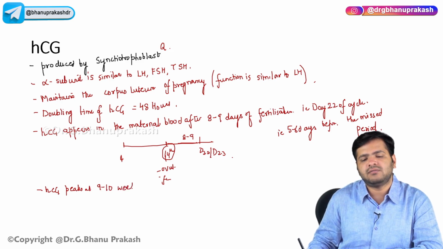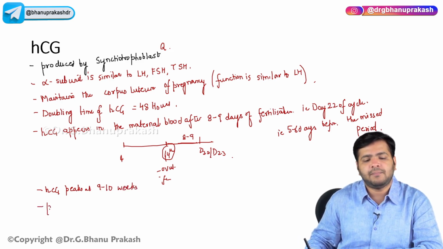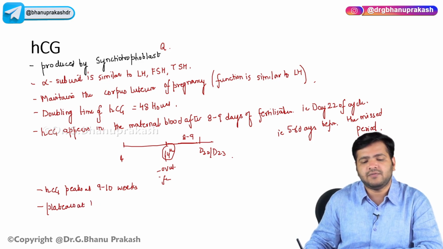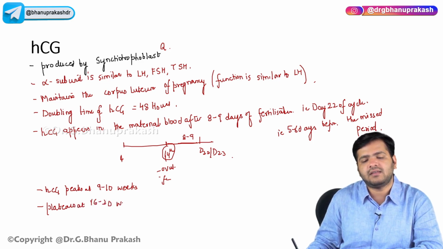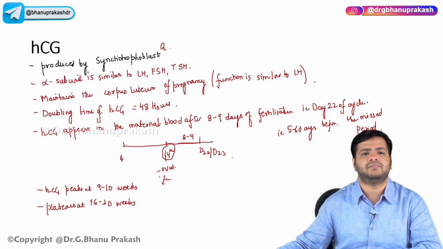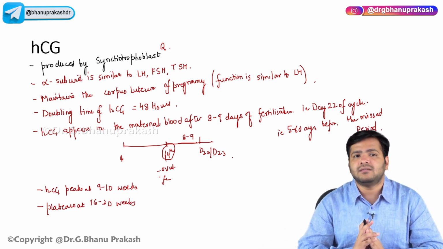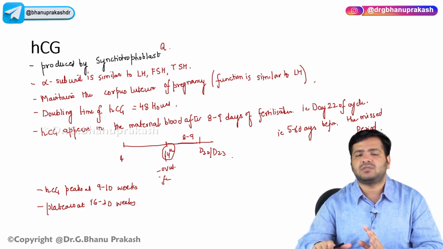It plateaus at 16 to 20 weeks and after that it remains the same, at a low level in the blood throughout pregnancy. So that was about the HCG.